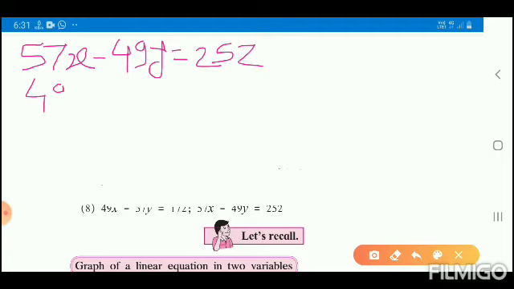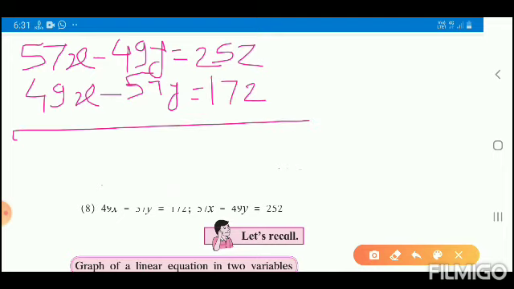Now next is 49x minus 57y is equal to 172. After subtracting, you will get here the equation, that is, here sign will change, minus plus minus.